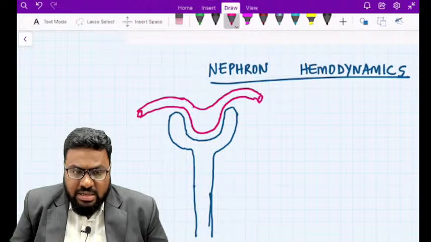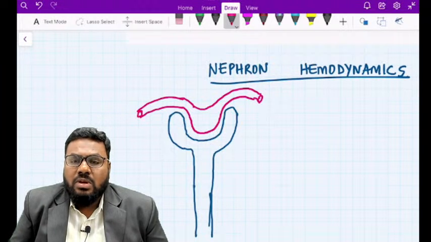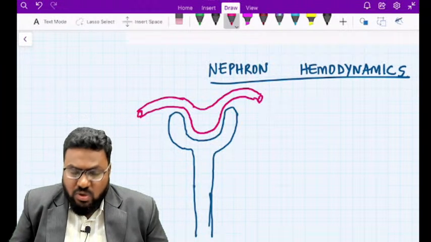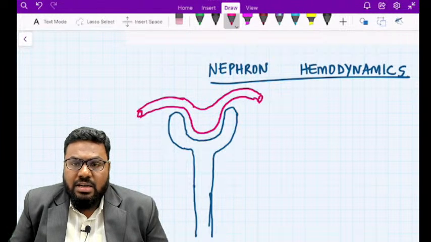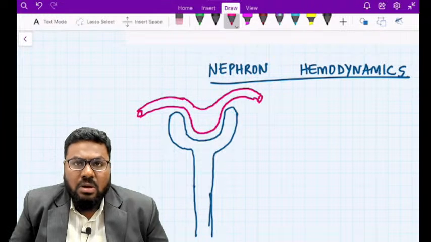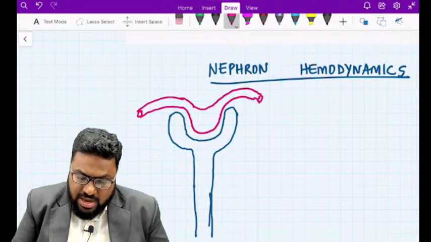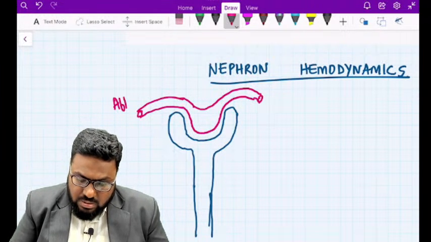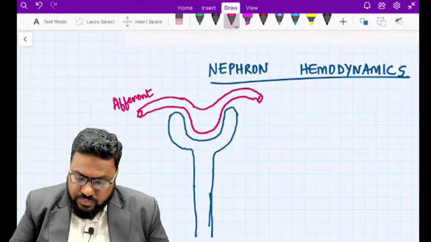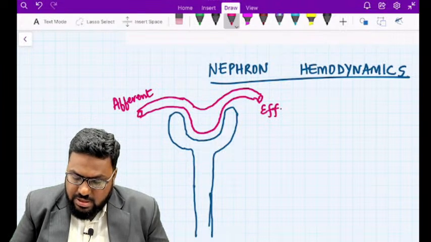So imagine that this is a tubule, and we have Bowman's cup, afferent renal arteriole, and efferent renal arteriole. So this is the afferent renal arteriole, and this is the efferent renal arteriole, and here is the glomerulus.